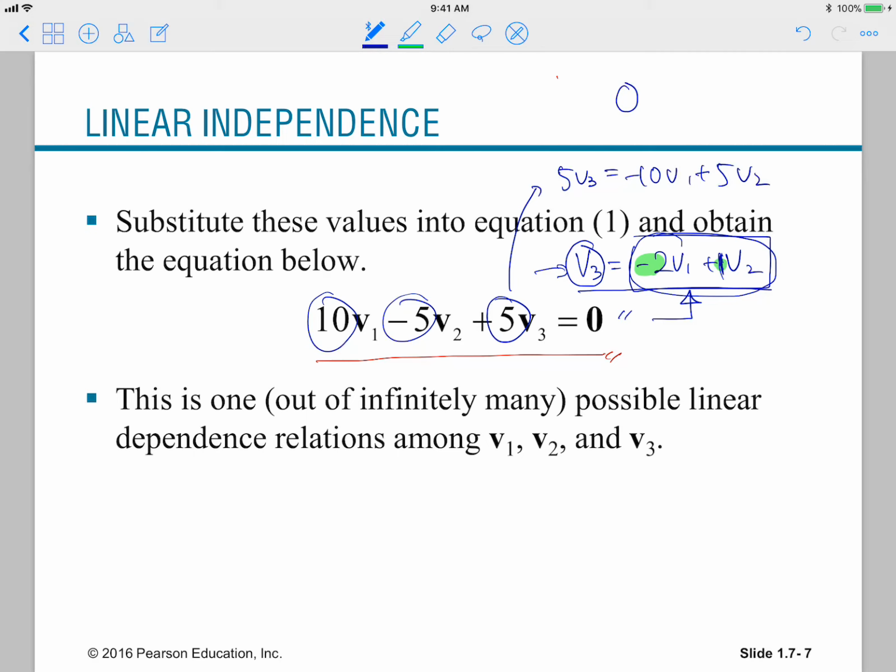But if that particular equation is satisfied, which means the third vector is represented as a linear combination of the first two vectors, it means this particular vector is not outside of the span, but actually inside of the span of these two vectors.